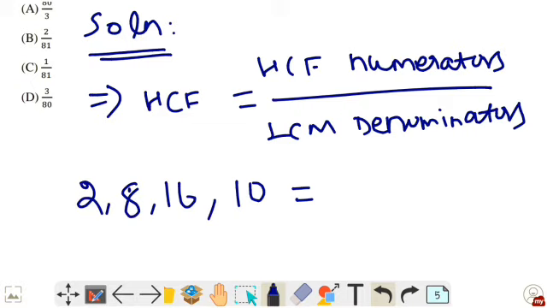Let us take 4. 2 is not divisible by 4, wrong. So 4 is not the HCF. Let us take 2. 2 is divisible by 2, 8 is divisible by 2, 16 is divisible by 2 and 10 is divisible by 2. HCF means highest common factor. Here the highest common factor is the number 2.